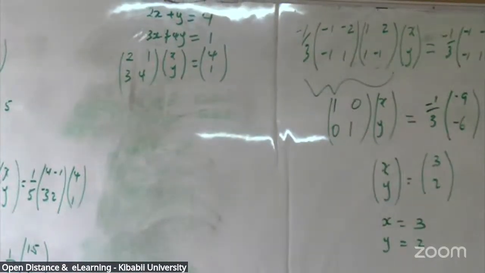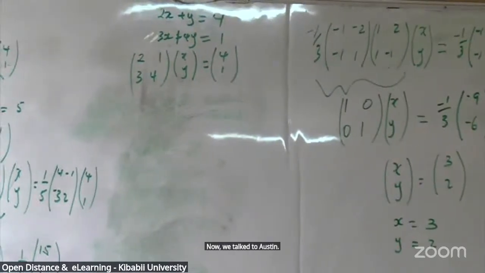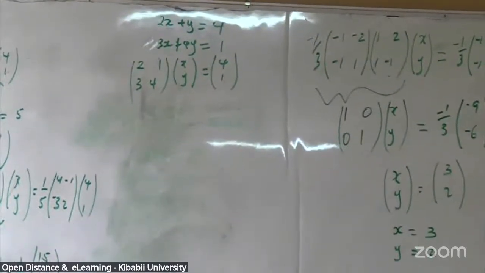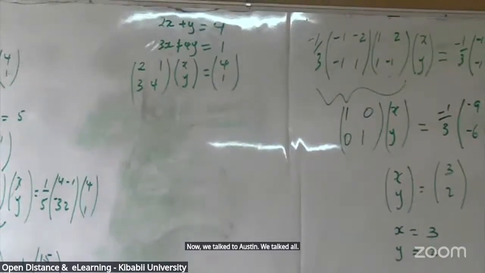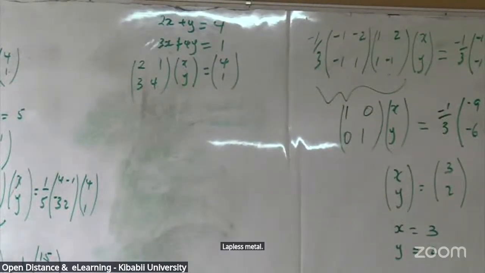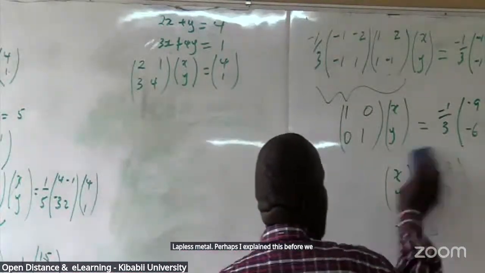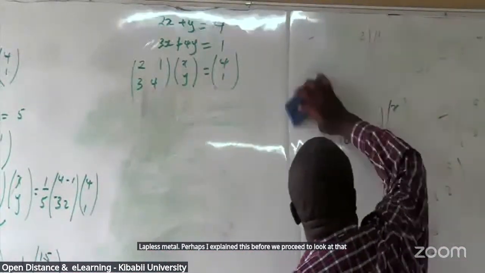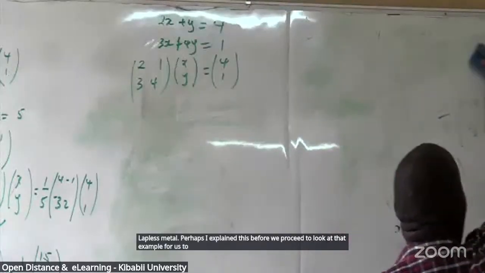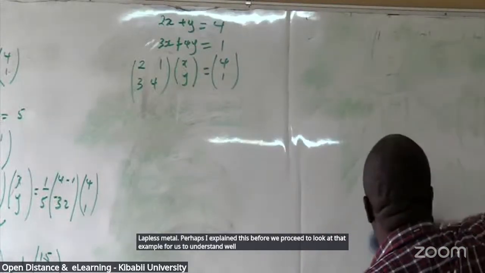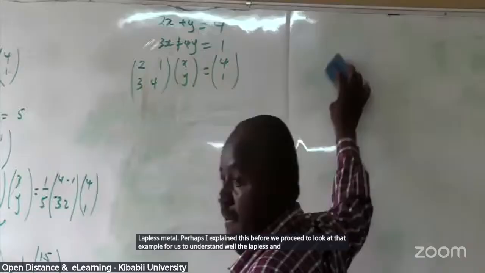Now we talked of Laplace method. Perhaps I should explain this before we proceed to look at that example, for us to understand well what the Laplace method is and how it works.